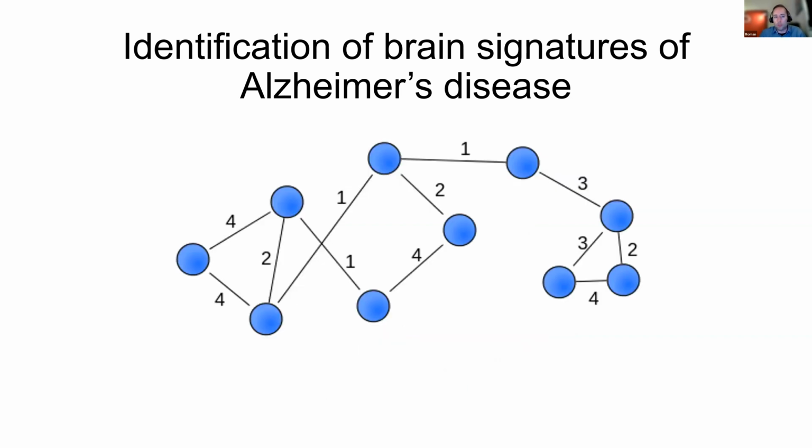So to do this, we used a complex network approach. So we quantified measures of complex networks. This is an entire field in mathematics, and it's a way to capture certain features of complex networks. And the brain is a very complex network, as you of course know.